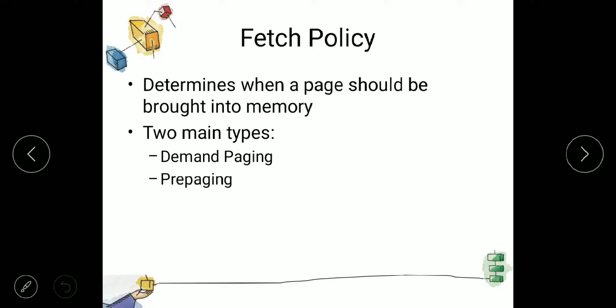In the second case, pre-paging, even before the CPU requests it, we assume it is going to be referenced soon, so by predicting this we can bring those pages. So the difference is, in demand paging, only upon finding a demand, that is the CPU demanding a particular page, the demanded page is brought from the secondary memory to the main memory. In pre-paging, say some page XYZ is requested, we are not going to bring only XYZ. Along with XYZ, there are some more contiguous pages associated with it, so that whole collection of pages is moved from secondary memory to the main memory. Even though there is no demand for the other pages, we bring those pages into the main memory.